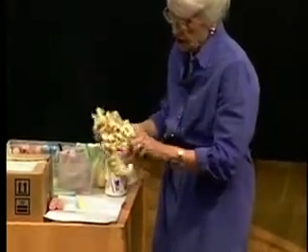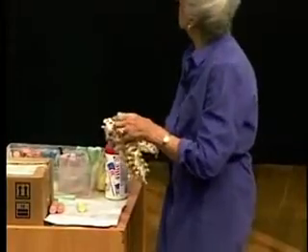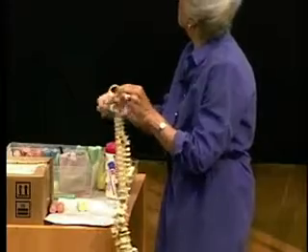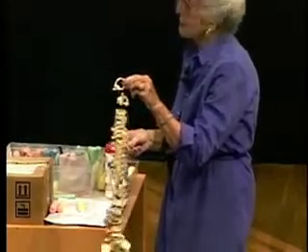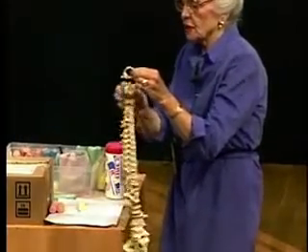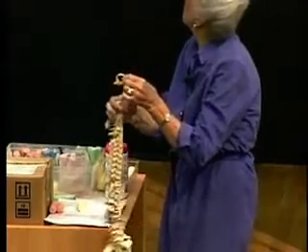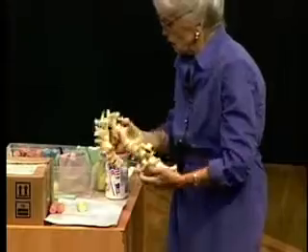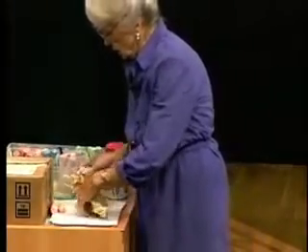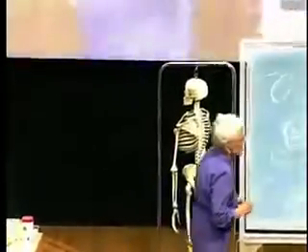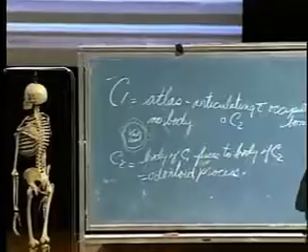Whereas that is C1. Now you can see the odontoid process, so you can see how that goes up. All right, those are just some important characteristics which will allow you to identify which vertebra you're dealing with. So the lumbar has a large body.